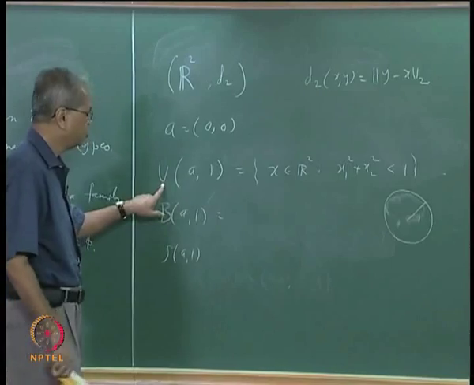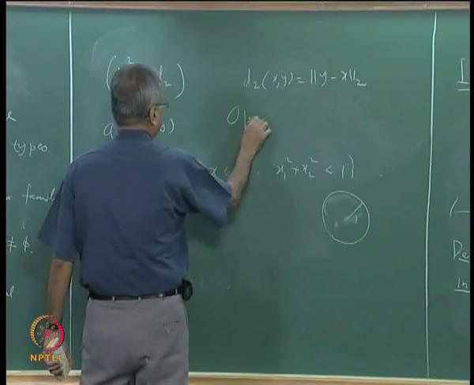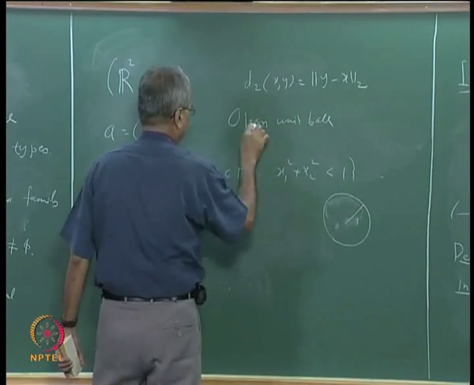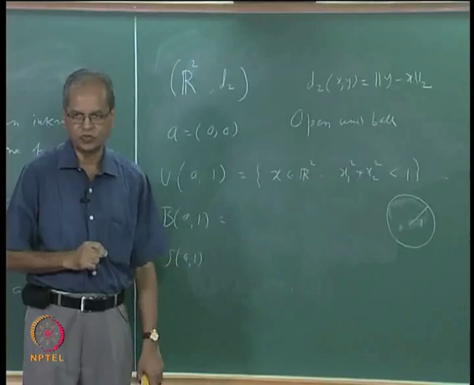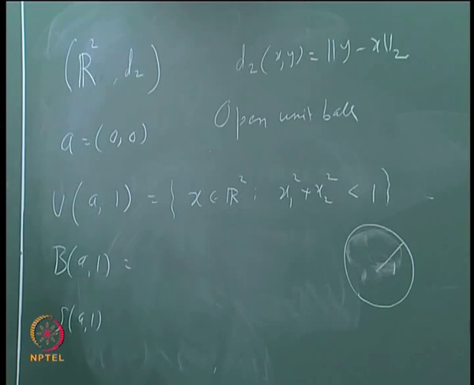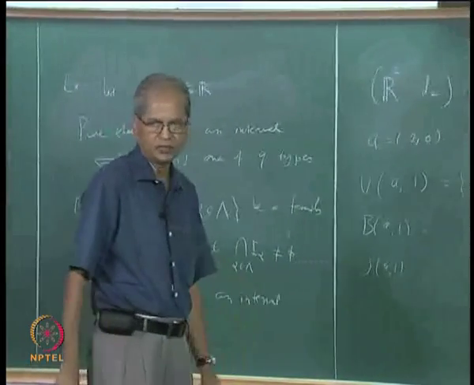For example, this is called the open unit ball. Open unit ball means the center is the origin and the radius is 1. Similarly, closed unit ball means a closed ball with center at the origin and radius 1, and similarly unit sphere means a sphere with the center at the origin and radius 1.